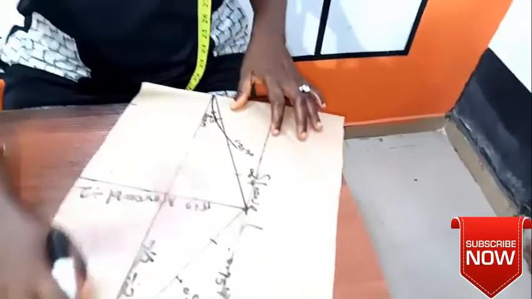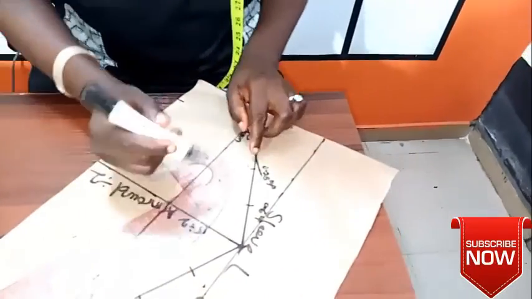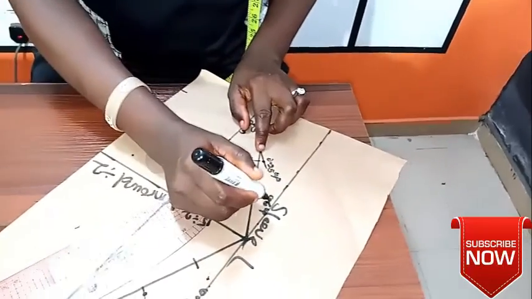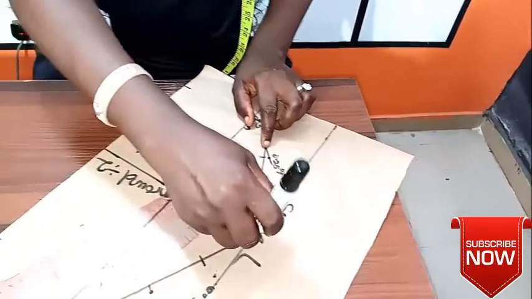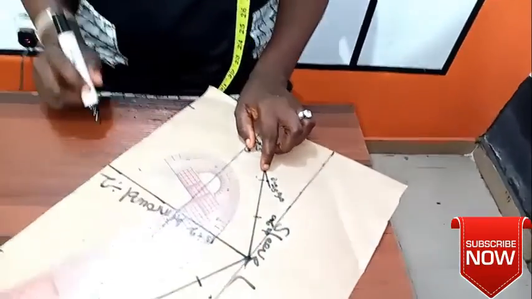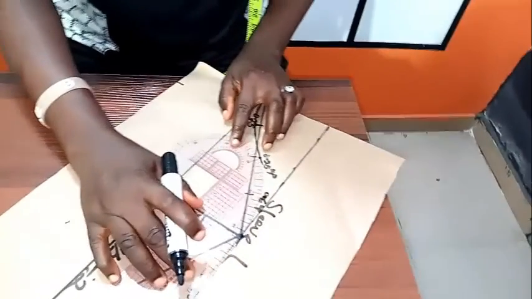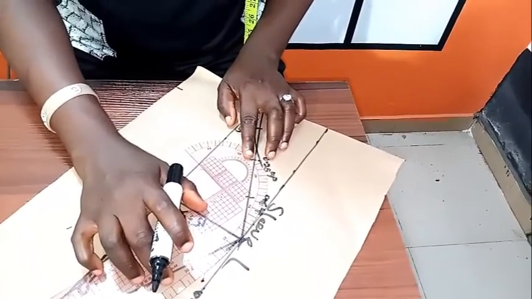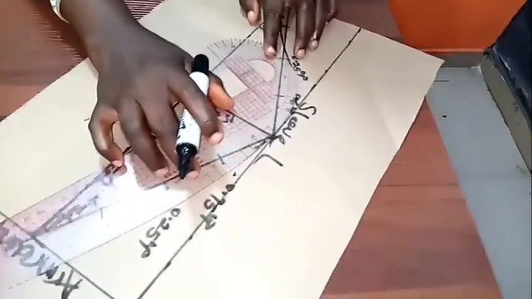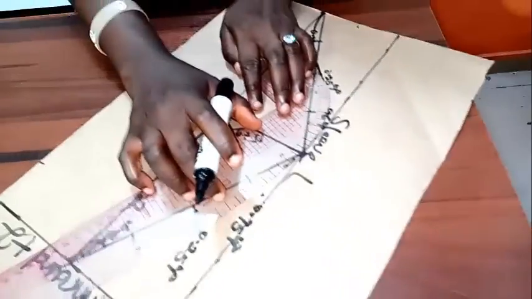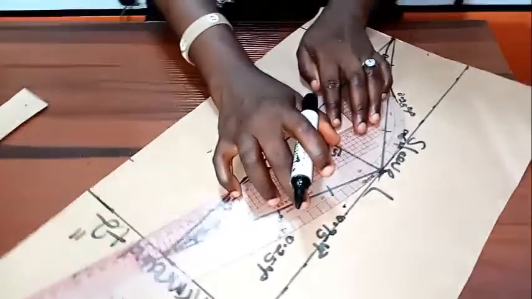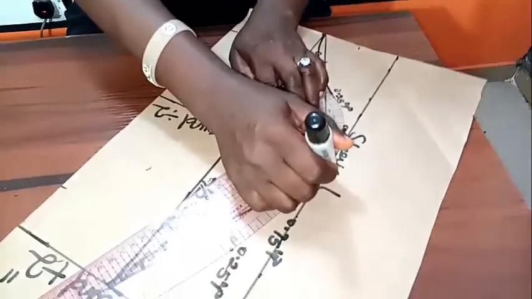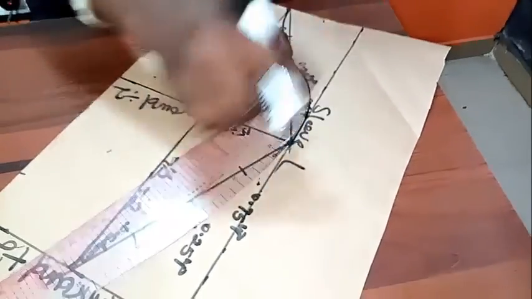So the next one is, I want to connect this point and this mid-center point together. So this is it. Like this.